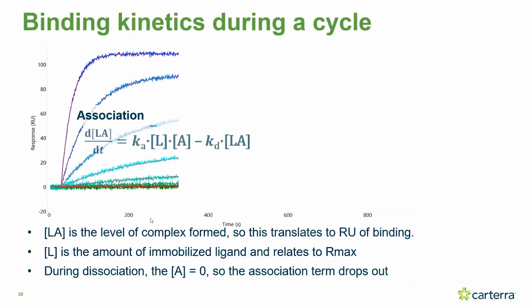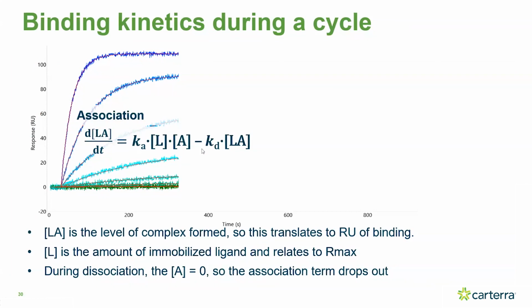So this would be an example of a typical concentration series where we have, say, a 3-fold dilution series of antigen. The concentrations are higher as you go up the curve. And the slope of that association is determined by the on rate times a ligand capacity term, essentially the Rmax parameter, or how much protein can bind to the surface, times the concentration of your analyte.